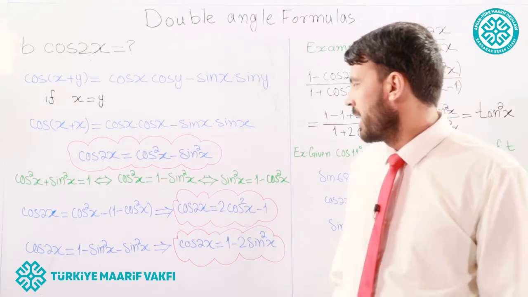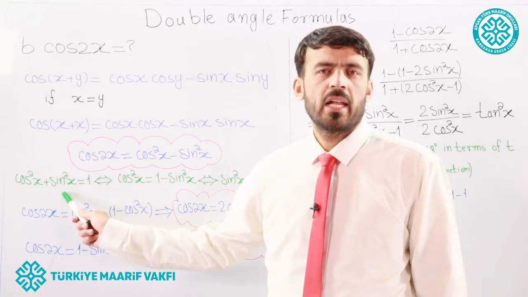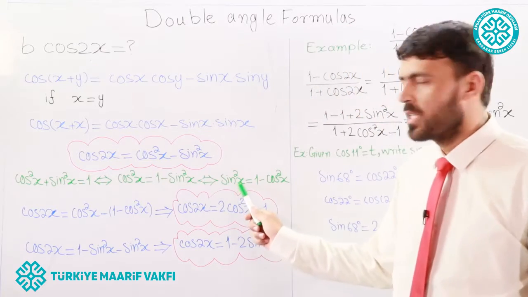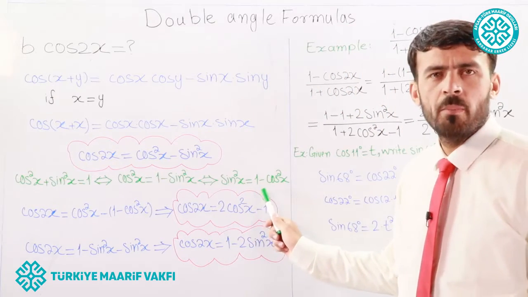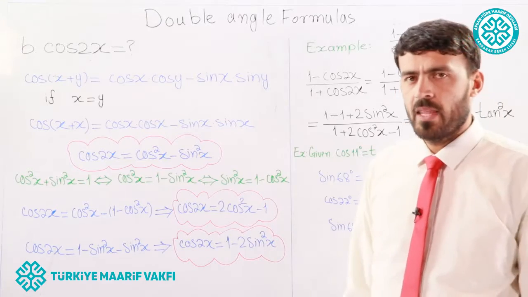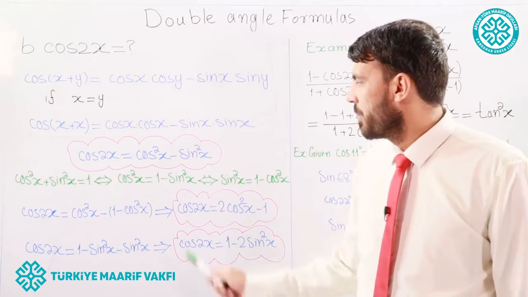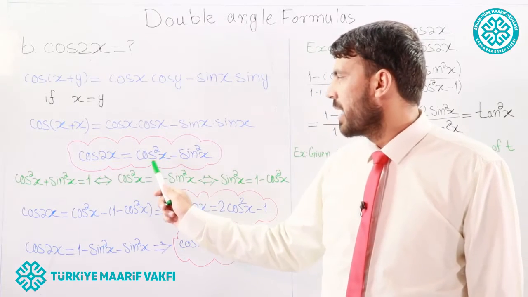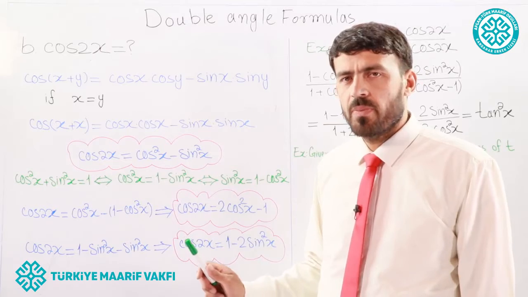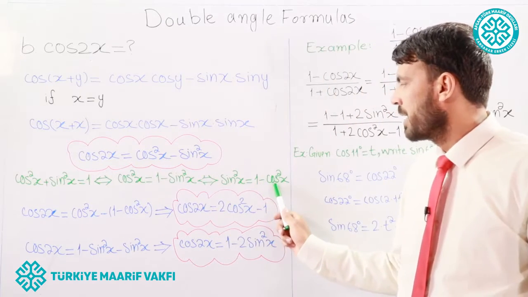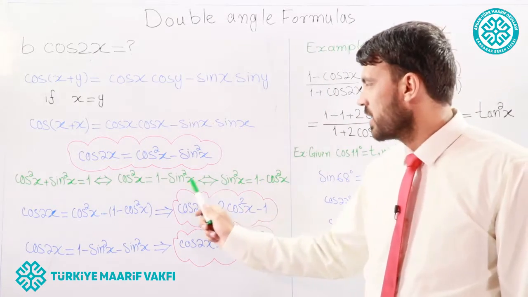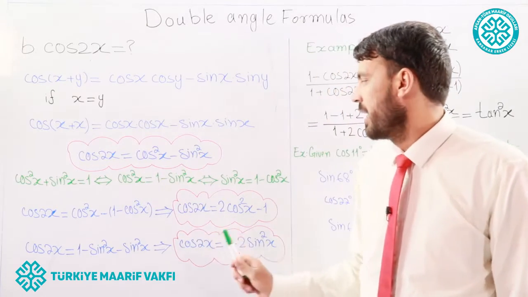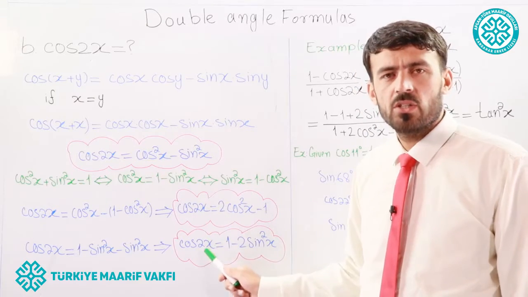Also, we can derive sine square x from this identity, which is sine square x equal to 1 minus cosine square x. So if we replace cosine square x with 1 minus sine square x, or if we replace sine square x with 1 minus cosine square x, the formula will change into these two forms.